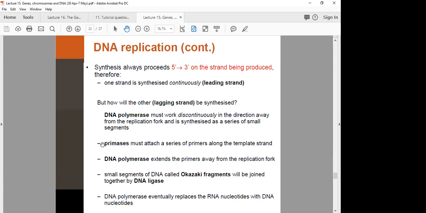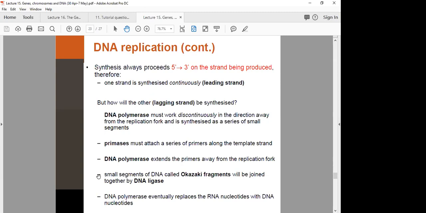So the primase enzyme has to attach a series of primers to that lagging strand of DNA rather than just one primer. Then DNA polymerase can extend the primers, but it does so away from that replication fork.